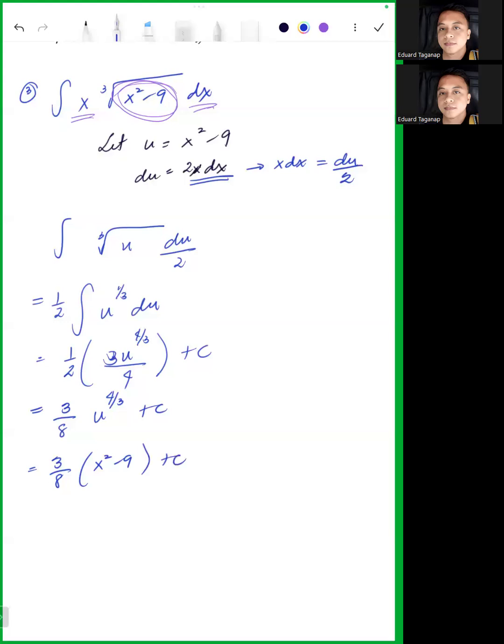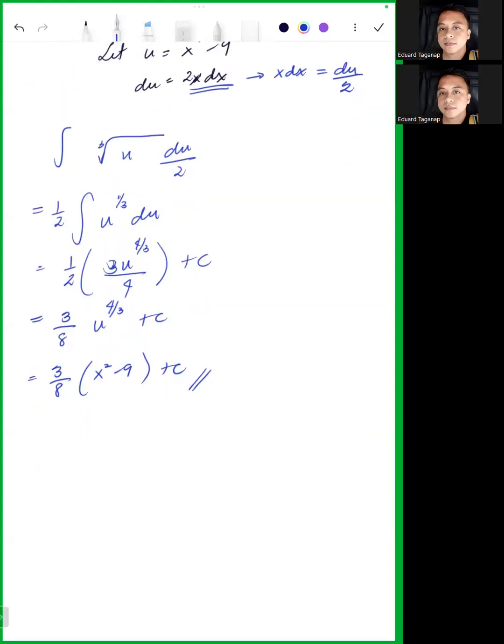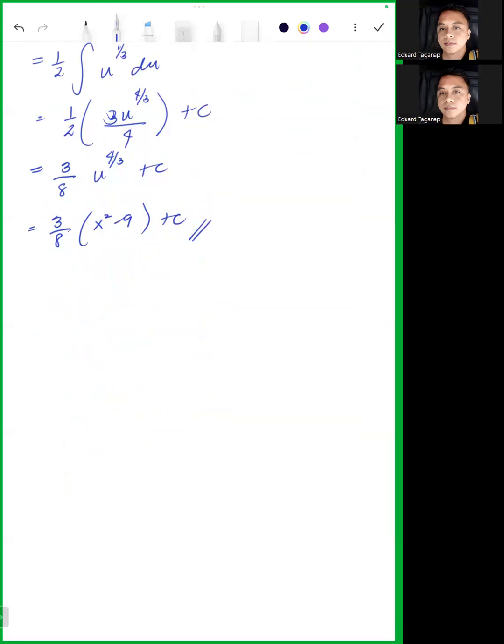Now, let's try number 4. For number 4, the given is the integral of x times 2x squared plus 1 raised to 6 dx.